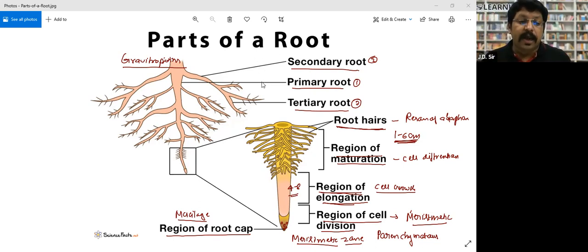And they are epidermal outgrowths. Underline it. This was the question in the medical exam. Okay, one last thing: the region of maturation.